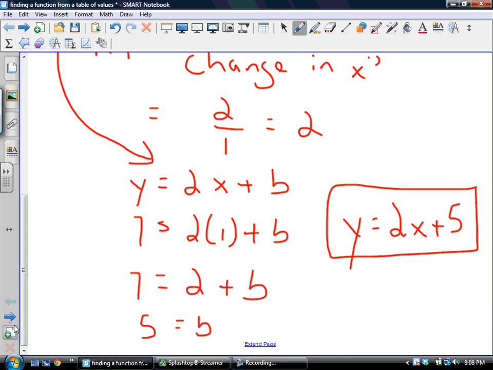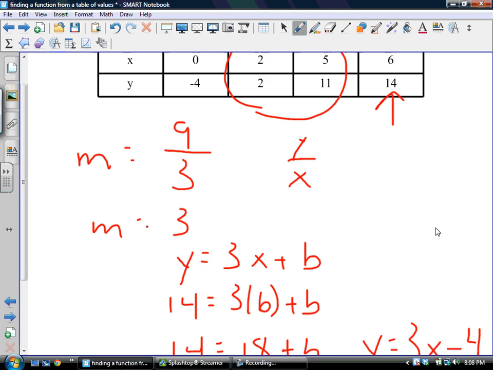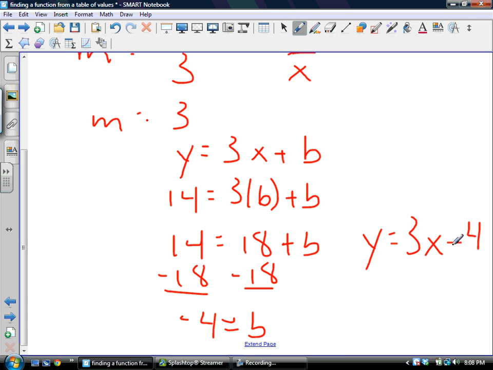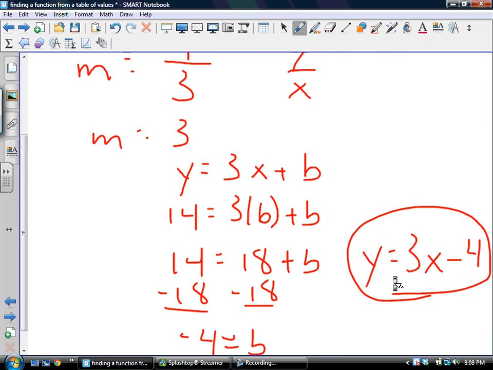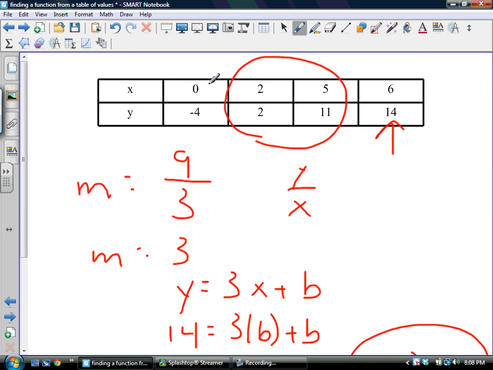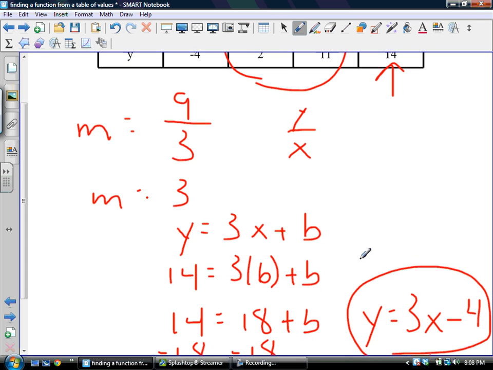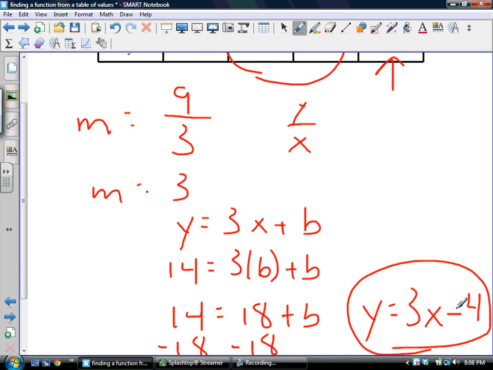If b comes out negative, like the second one did, then we just write a minus that number. And this would be my equation. And again, I would go back and check it with the other 3 pairs. And you can check that on your own to make sure they all work. And then you'll know for sure this is the right equation.